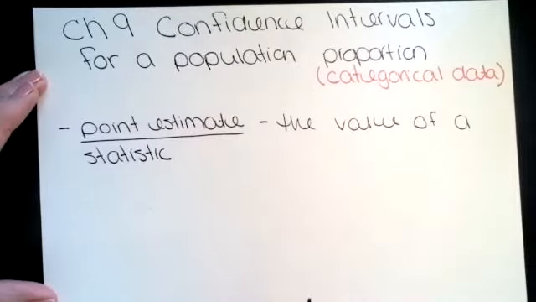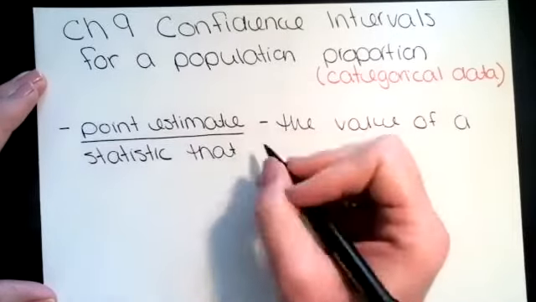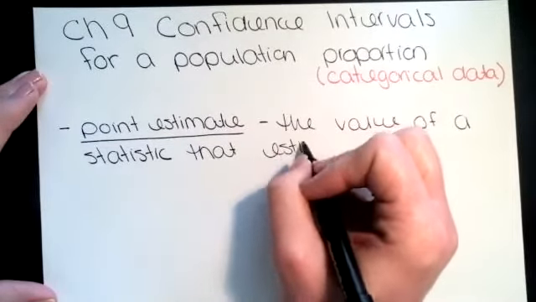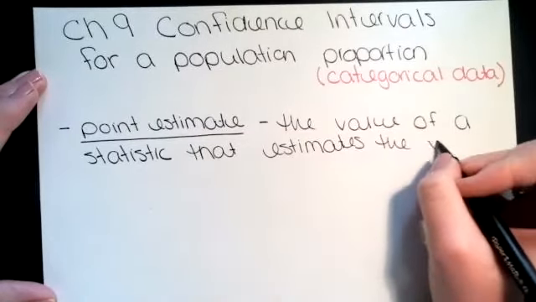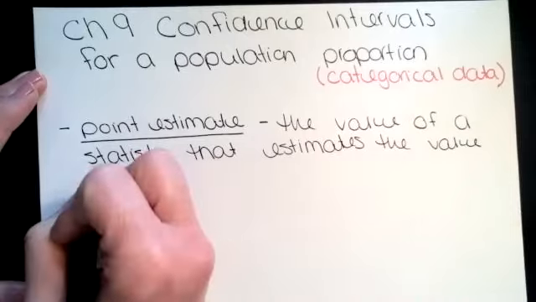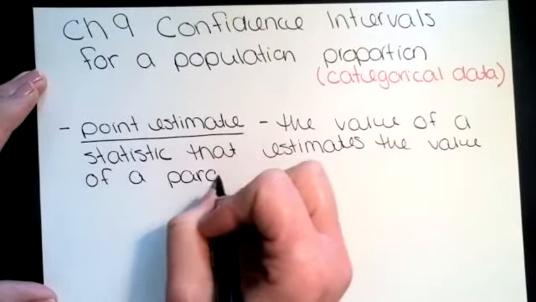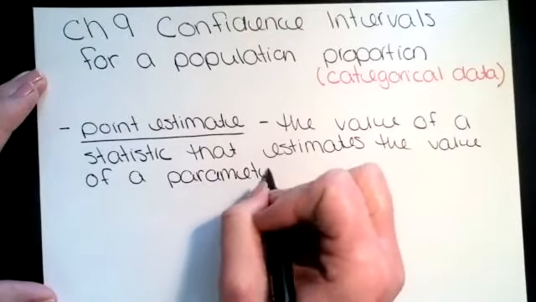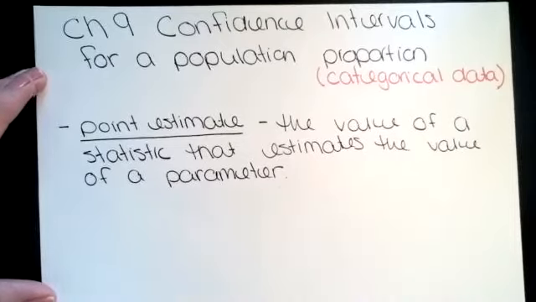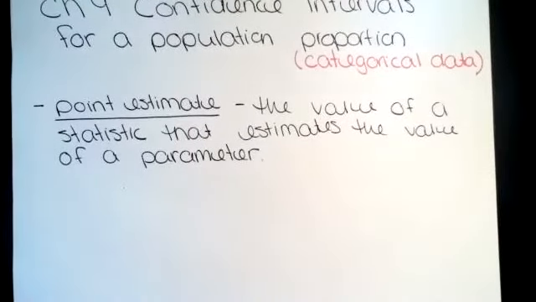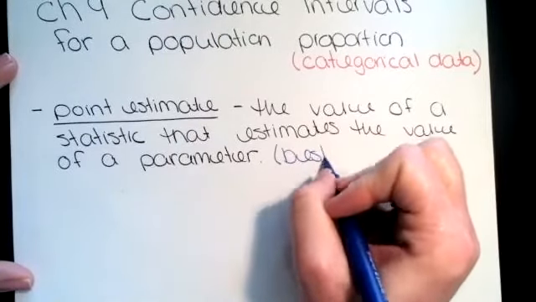Remember, statistic just means from the sample, that estimates the value of a parameter. Now, we don't really talk about parameter, but this is my value from a population. So what I also want to add here is when we talk about a point estimate, we talk about the best estimate.